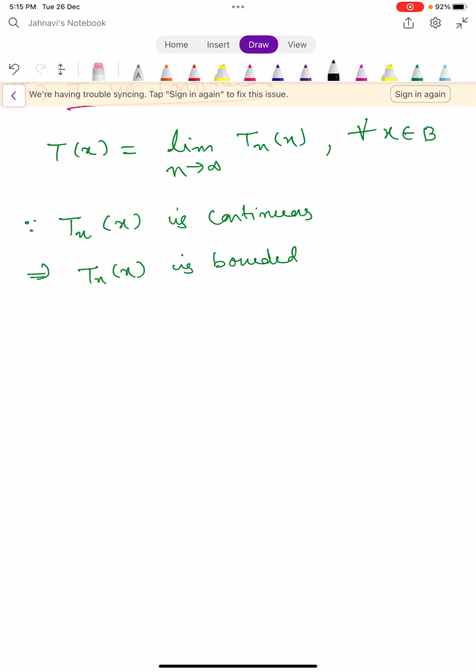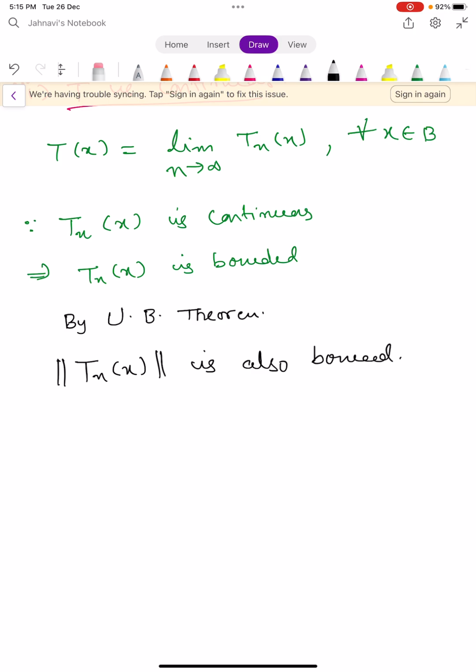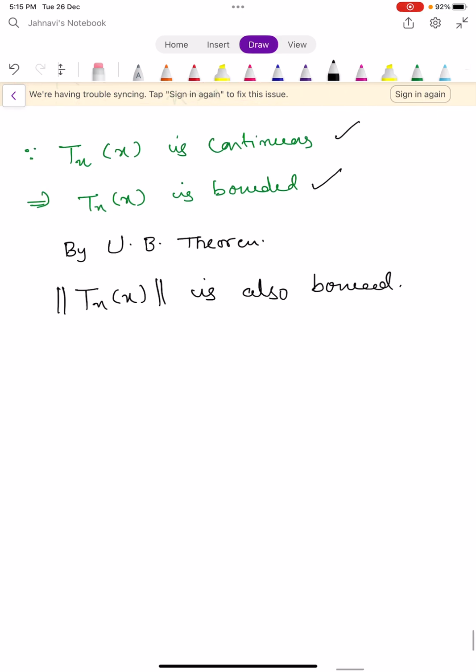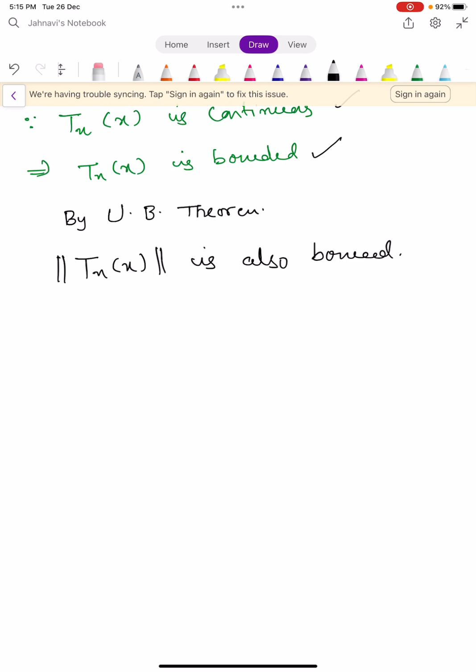By applying the uniform boundedness theorem, we have norm Tn of x is also bounded. This is the point. Tn of x is continuous, obviously it is bounded. By applying the uniform boundedness theorem, norm Tn of x is also bounded. Now, what is norm Tn of x?